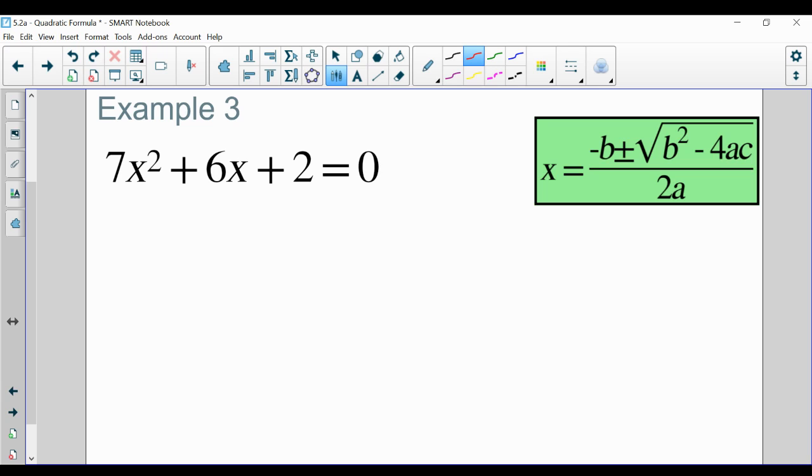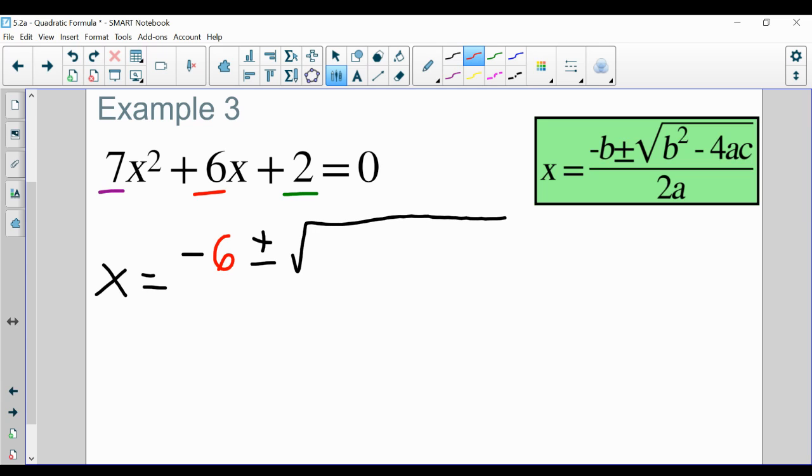All right, so right off the bat, we have this written in standard form. So A is 7, B is 6, and C is 2. That's great. It's going to make this nice and easy for us. We don't need to rearrange anything. We can just jump right into the quadratic formula. So x equals negative b, so that's a negative 6, plus or minus the square root of b squared.